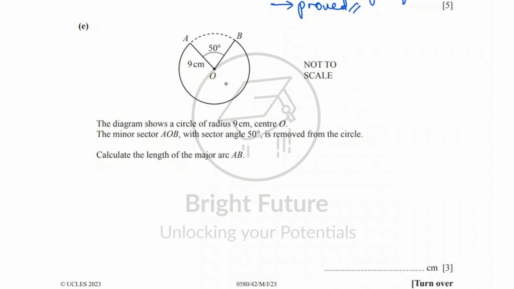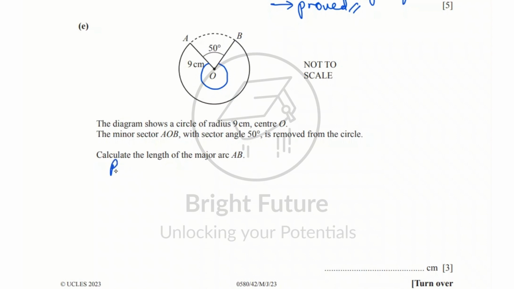So to find out this, first we find the reflex angle of 50. Once we find this, then we will use the formula of circumference of a circle for an arc to find out the length.